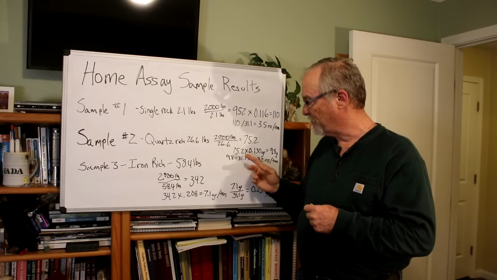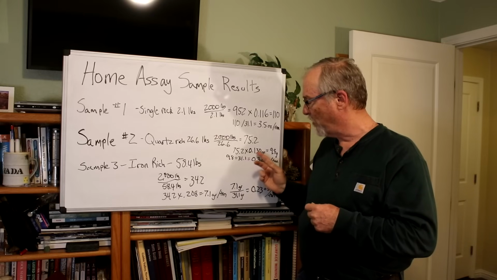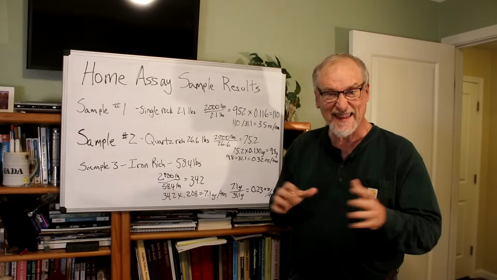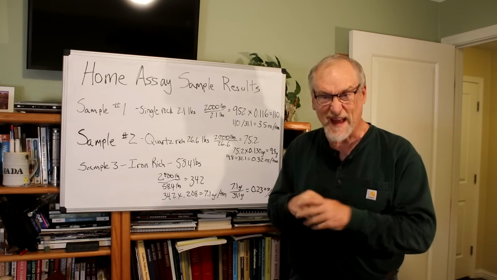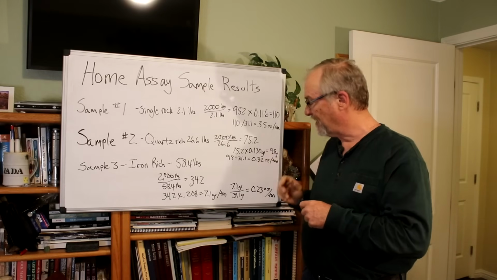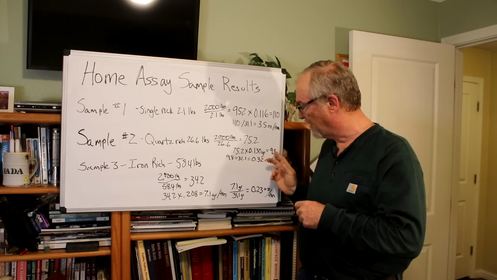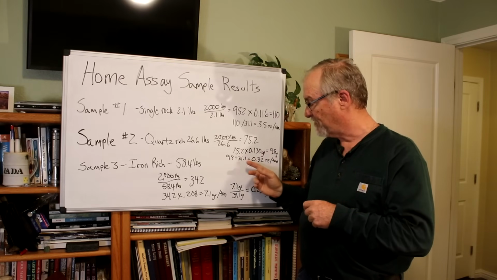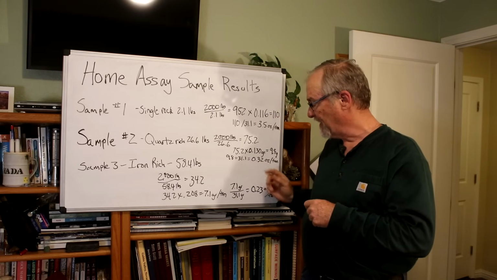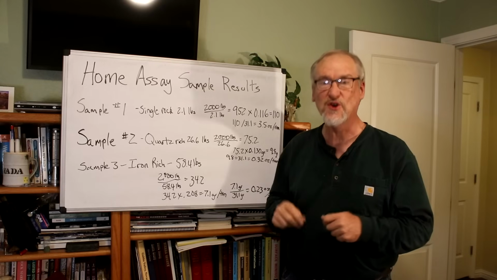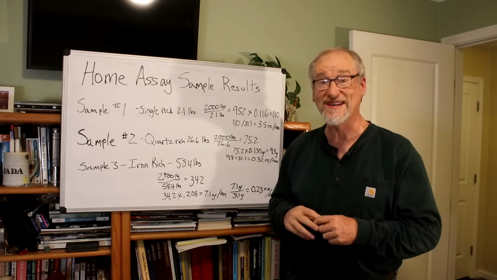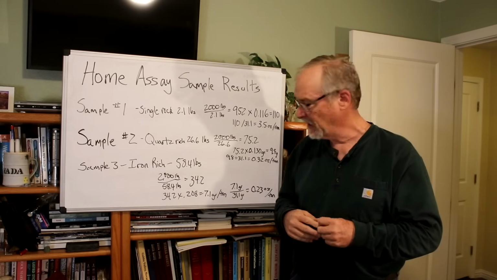And so 75.2 times the 0.13 grams that the gold from that sample weighed gives me 9.8 grams. 9.8 grams divided by 31.1 gives you 0.32 ounces of gold per ton of rock.